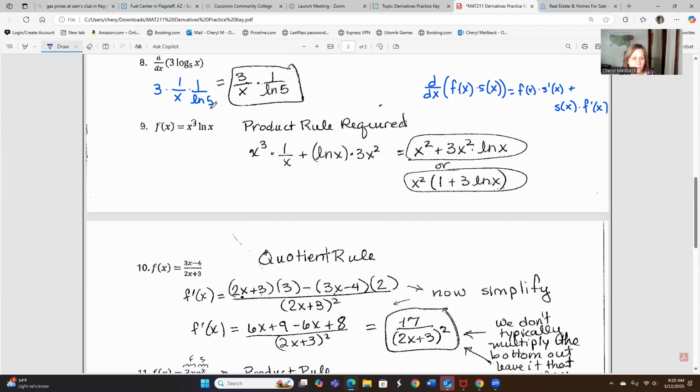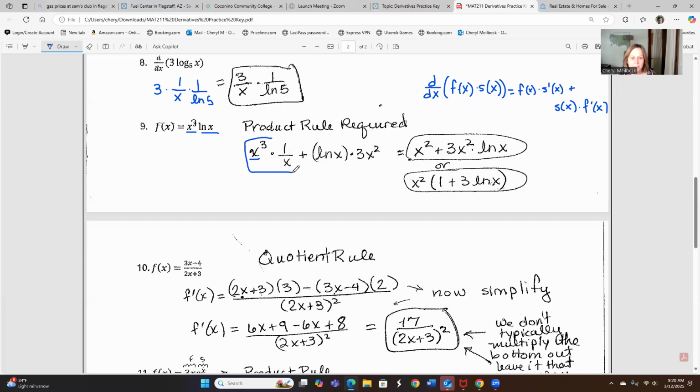So doing that formula, the way we take the derivative of this product is we write the first times the derivative of natural log, which is 1 over x, and then plus the second, which is the natural log of x, times the derivative of x cubed, which is 3x squared.